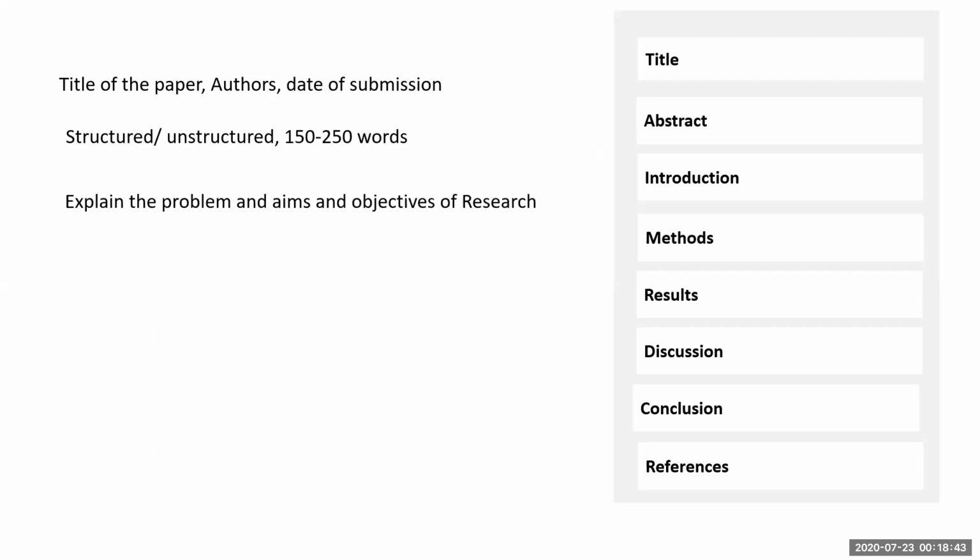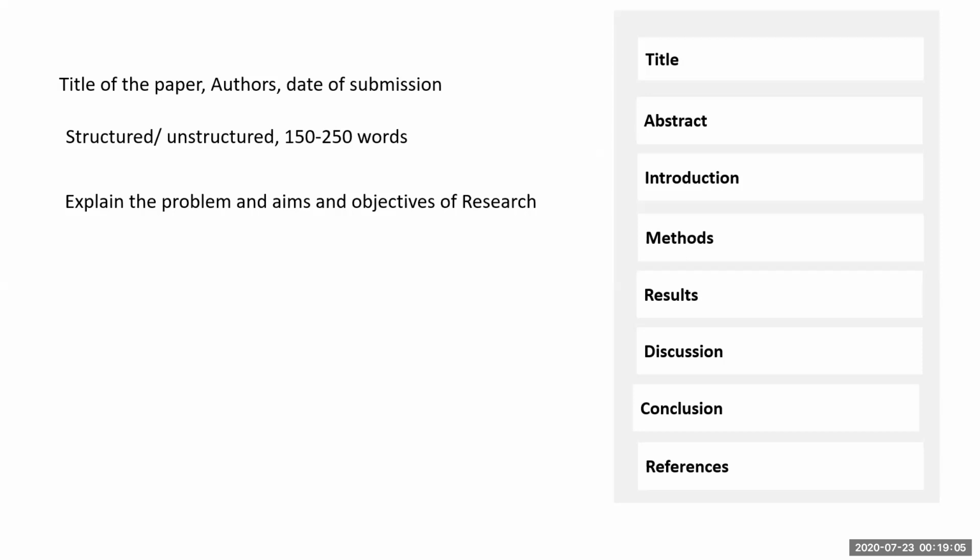Then the next heading is introduction. The aim of the introduction section is usually to explain the problem and to explain the aims and objectives of the research that they're trying to present. In the introduction section, sometimes you will also find a section on the background, and in some studies you will find a section on literature.